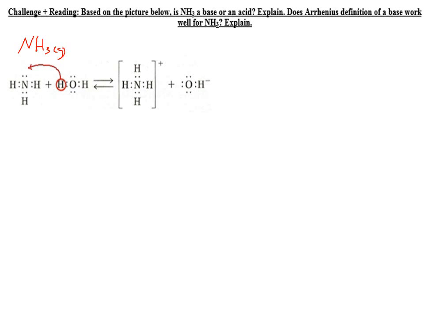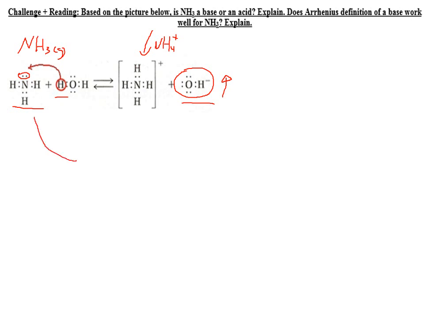The ammonia has these lone pairs of electrons here, and that attracts one of the H's from the water, and that becomes ammonium, NH4+, and you'll notice this over here, OH minus. So even though ammonia didn't directly have an OH, it still led to an increase in the concentration of hydroxide ions in the solution by removing an H from water.